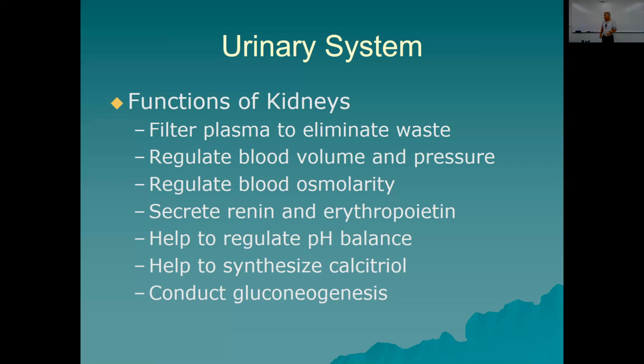And finally, conduct gluconeogenesis. This is a nutritional thing that we're going to get to in the nutrition chapter, and it's the making of glucose from non-carbohydrate precursors, primarily amino acids. So it can help make glucose.